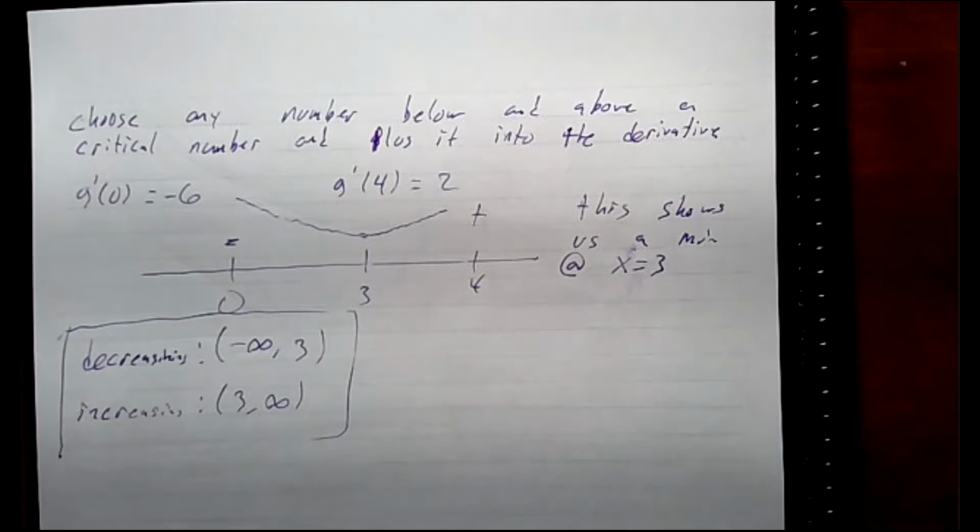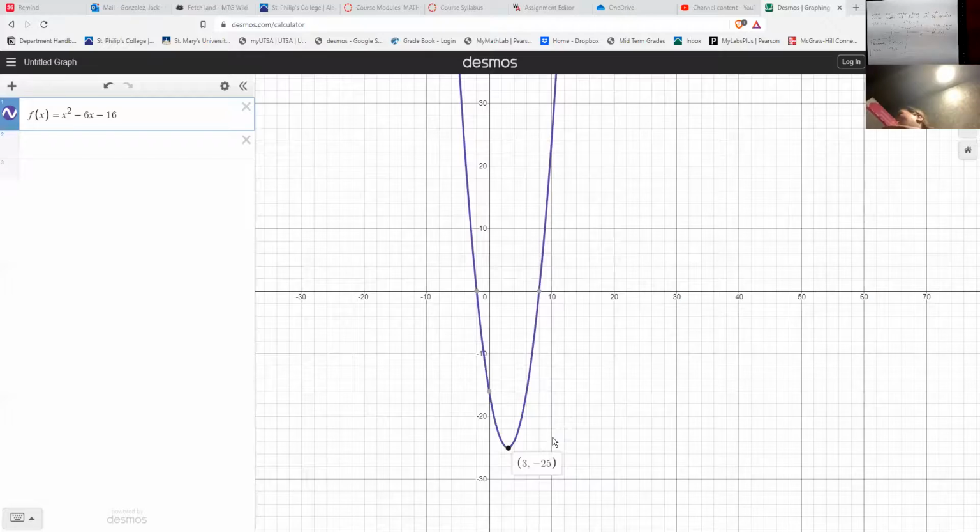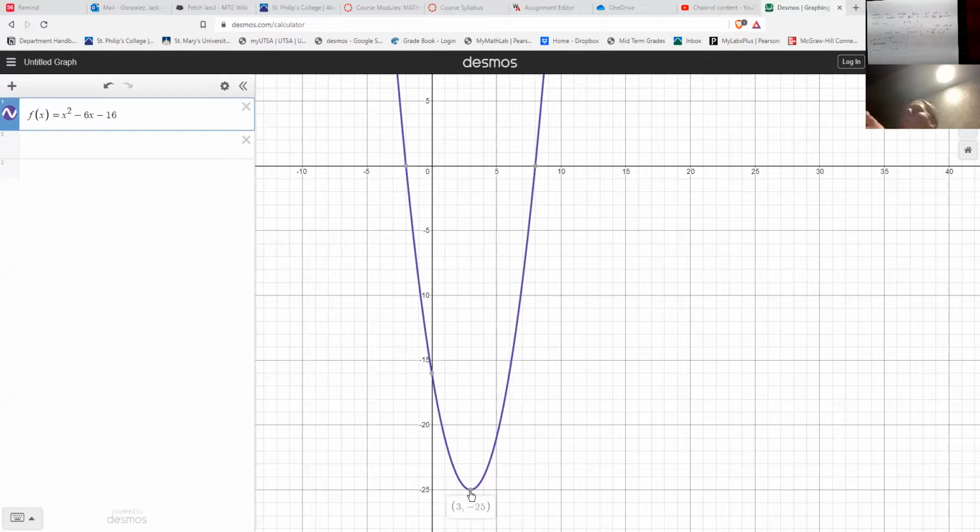And if we go back to the graph, right, we knew all this already. Here's 3. We were decreasing from negative infinity all the way till 3. And then after 3, we are increasing. And we can see that it is a valley, right? It's a minimum. In this case, it turns out to be a global minimum.